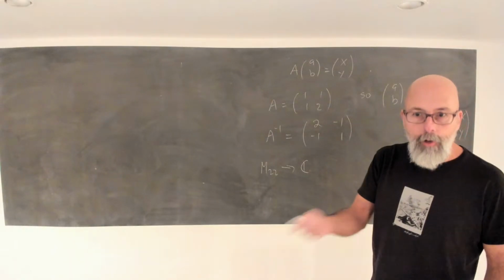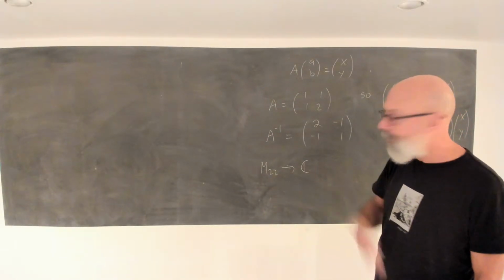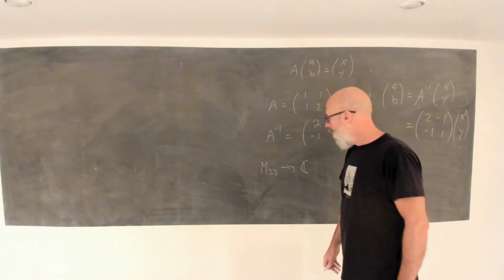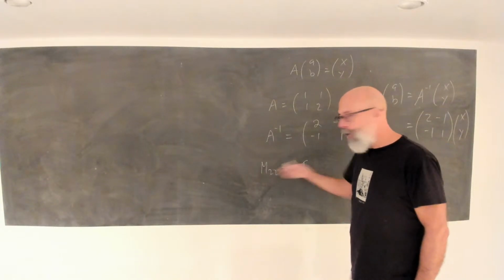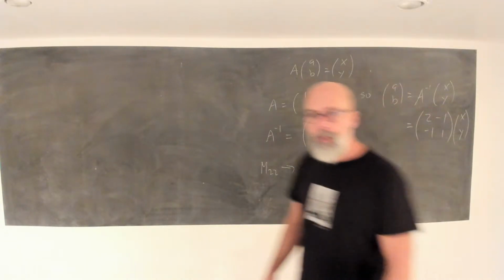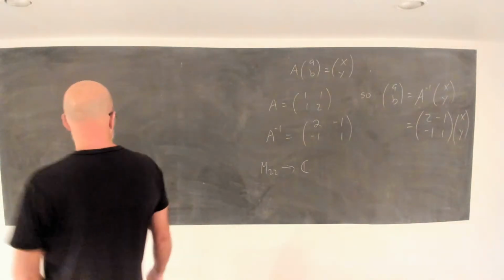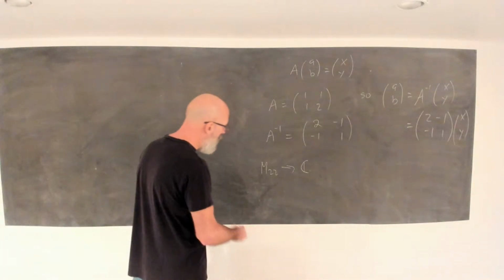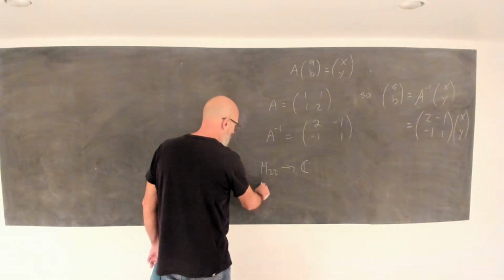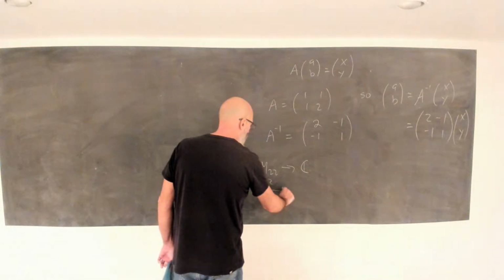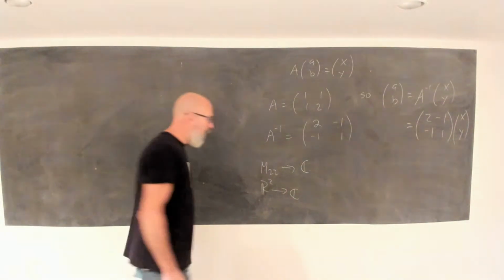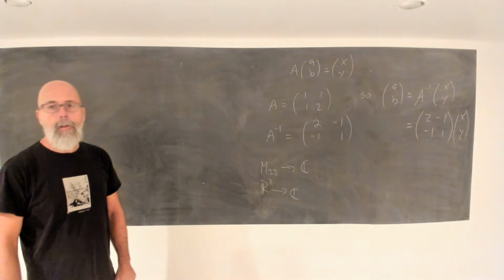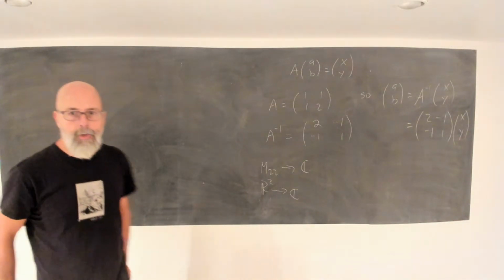There are linear transformations which do that, but there are other maps that are not linear transformations. So that's a short answer. What I think you might have wanted to say is R22 to C, but let's not even get into that.